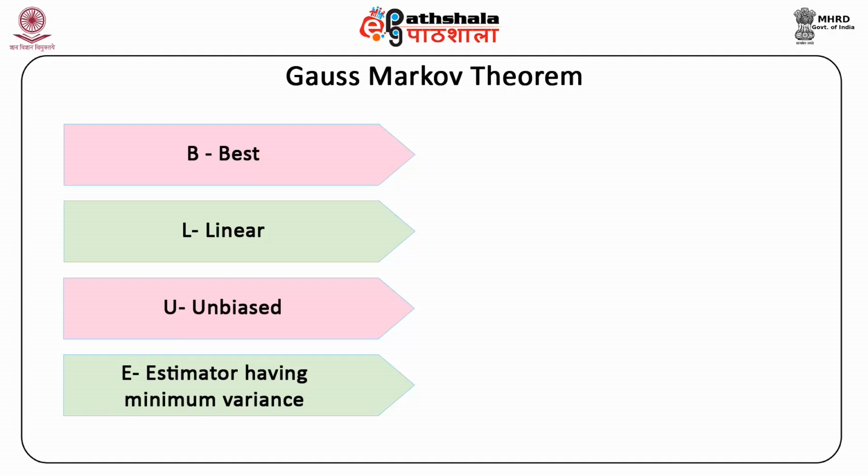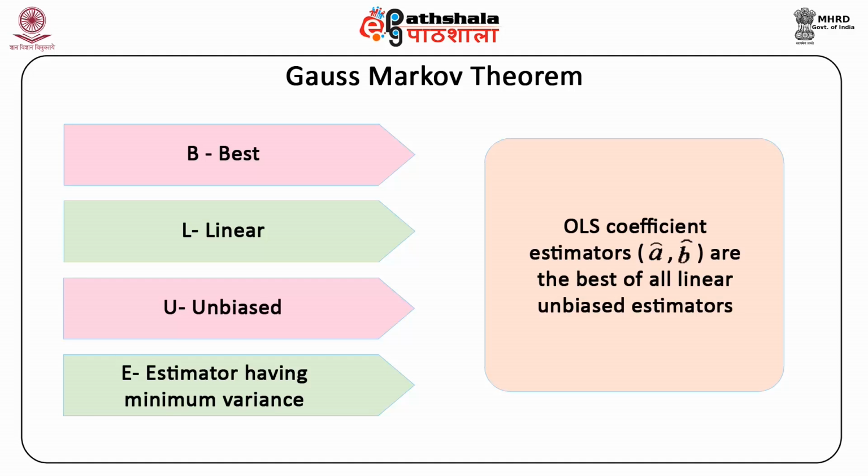So, Gauss-Markov theorem says that the OLS coefficient estimators A hat, B hat are the best of all linear unbiased estimators of population parameters A and B. These estimates, which are the best, will be statistically more precise.